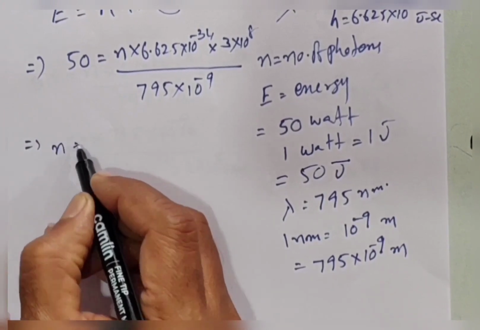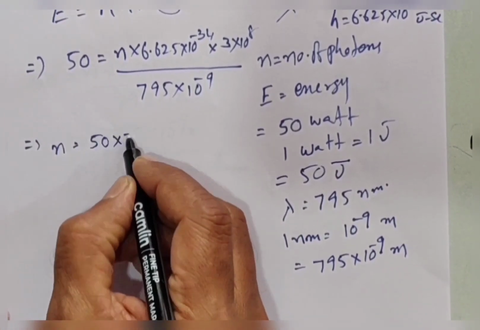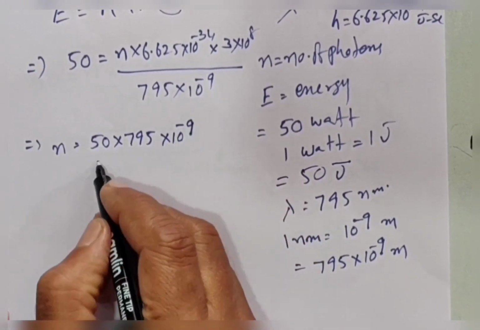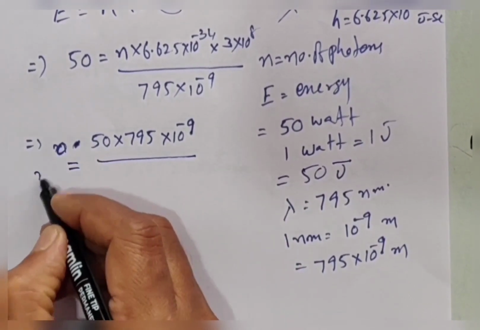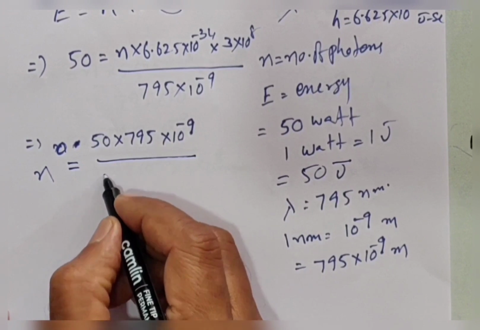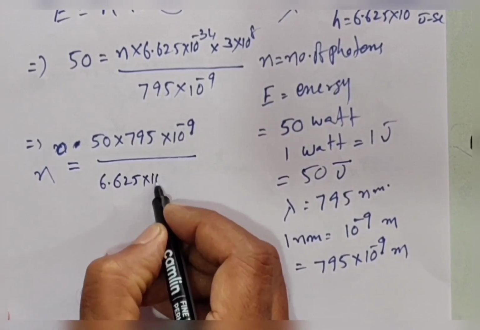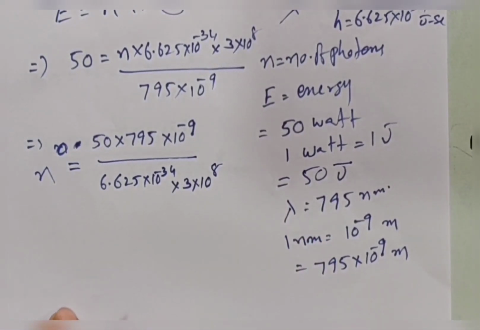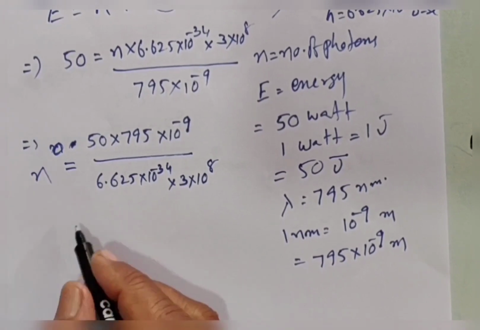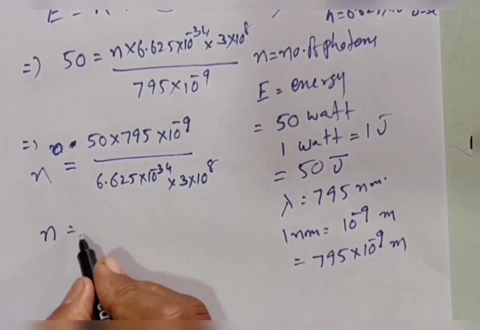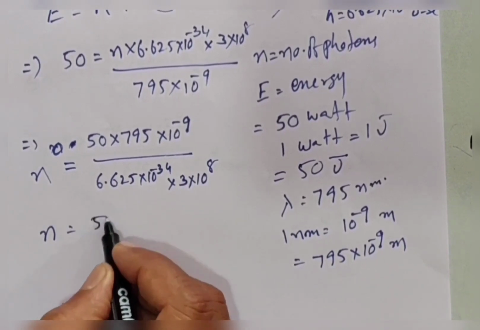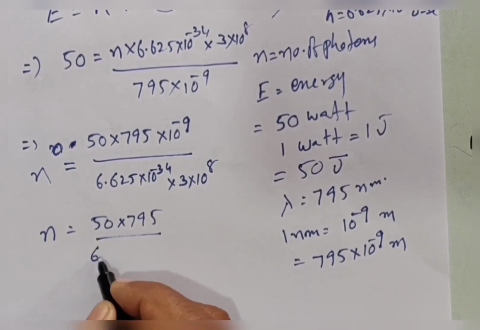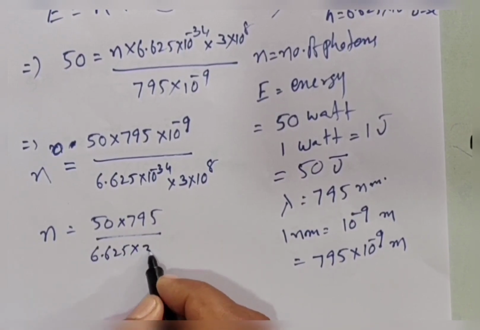So n is equal to 50 into 795 into 10 power minus 9 upon 6.625 into 10 power minus 34 into 3 into 10 power 8. Now you have to simplify these values. On solving, first you have to solve the powers. 50 into 795 upon 6.625 into 3.